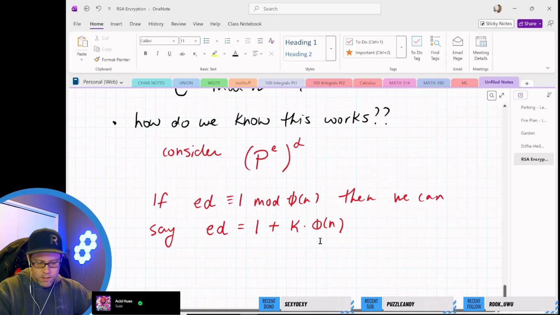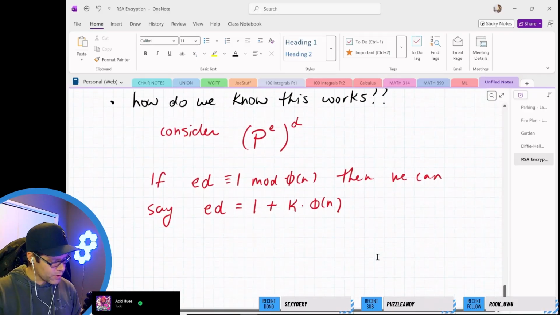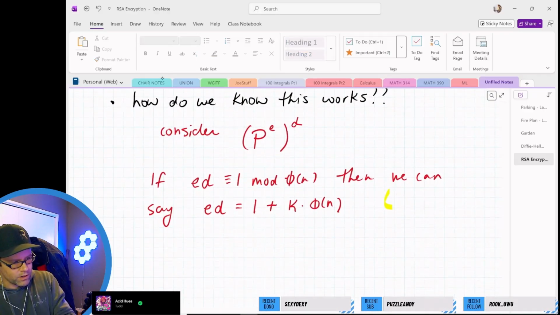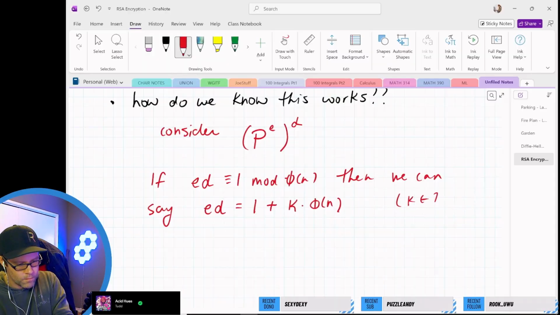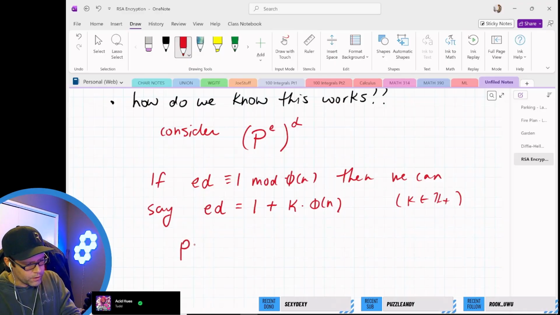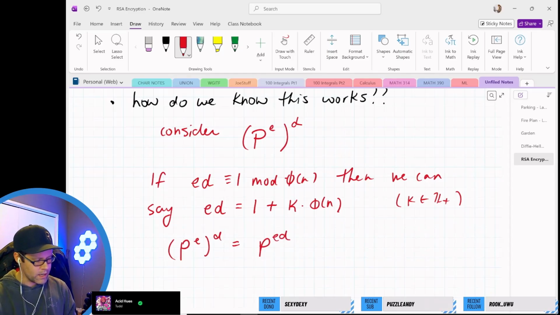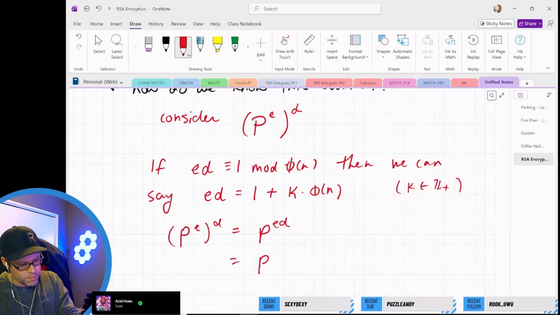I should be able to rewrite this in the following way. So if that's true, and maybe I'll put some stipulations on k here. Maybe we could just say that k is some integer, right? So if that's true, then p to the e to the d is really just p to the e times d. But we've said that we can think about that as p to the 1 plus some multiple of phi of n.